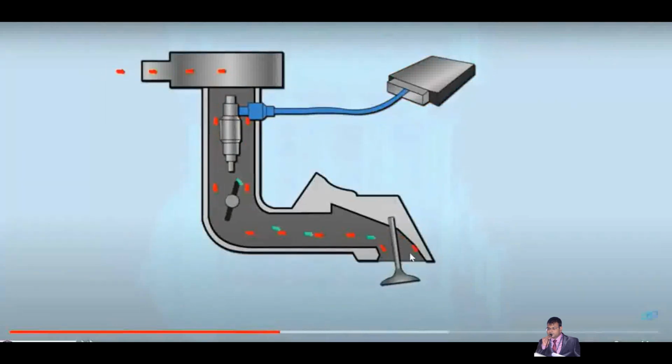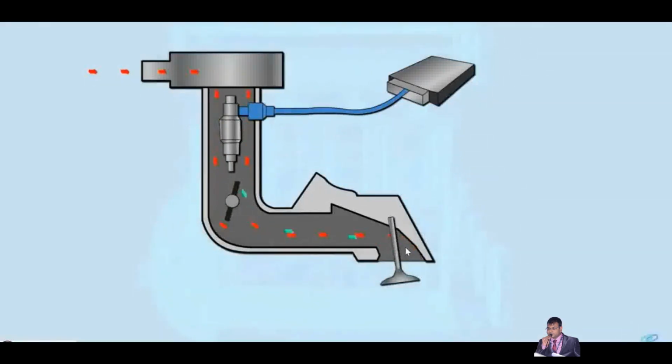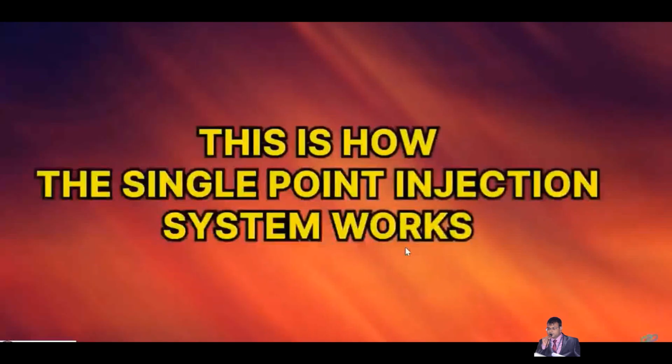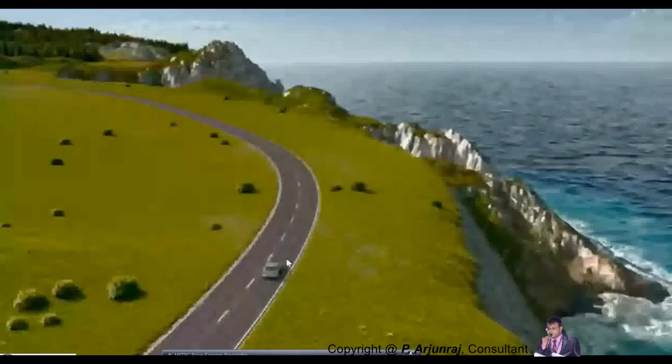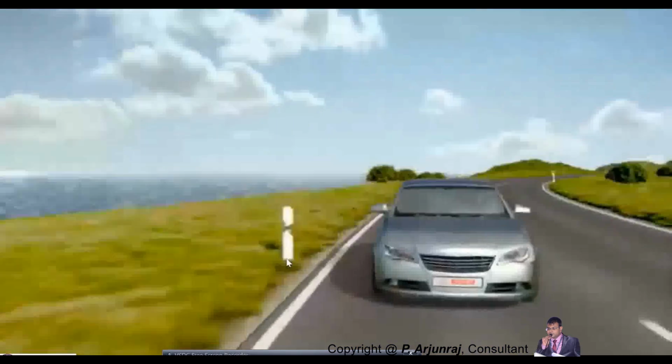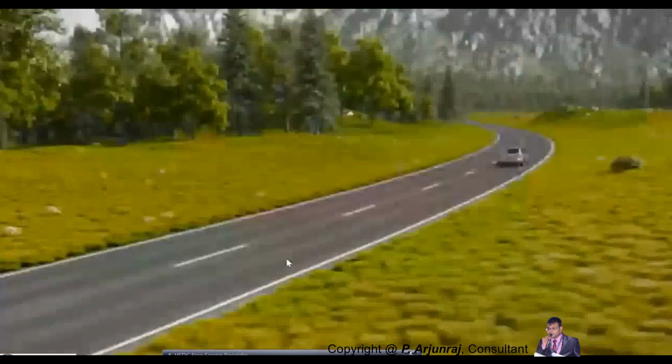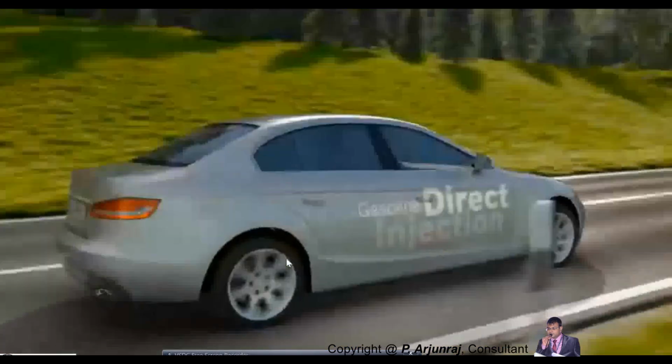So this opens. Today even the question comes, why is the volumetric efficiency higher? That is the reason, because you get the injection there, and to reduce the emission and also to increase the power output, we need to have the gasoline direct injection.